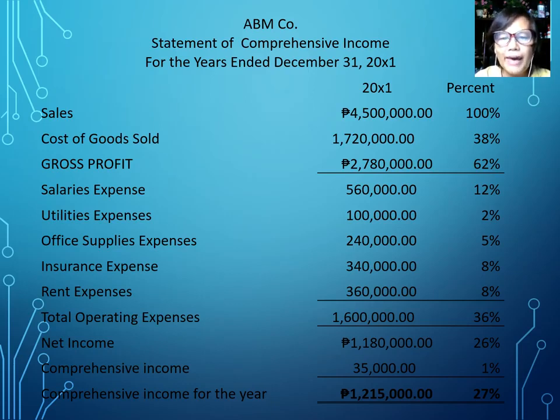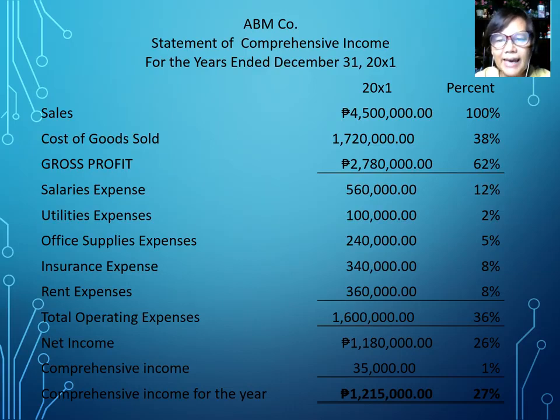And you can prove it if it is correct. If you're going to divide 2,780,000 divided by 4,500,000. Okay. When it comes to salaries expense, it is 560,000 over 4,500,000.